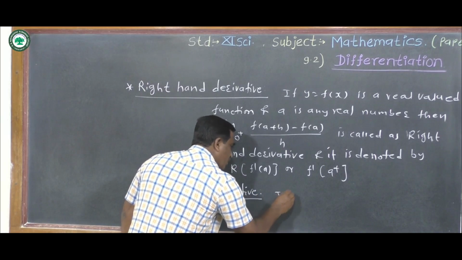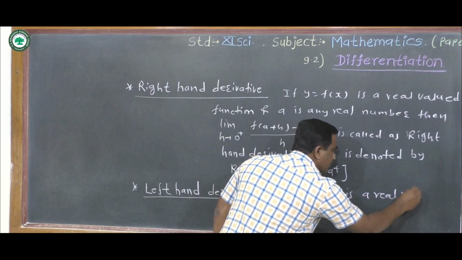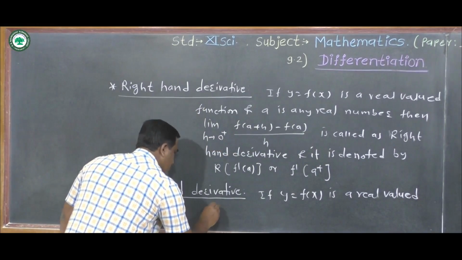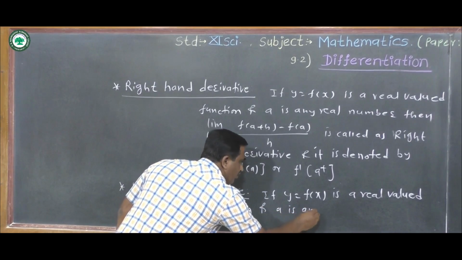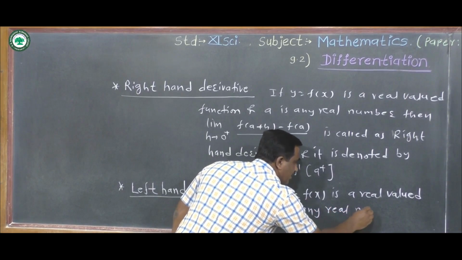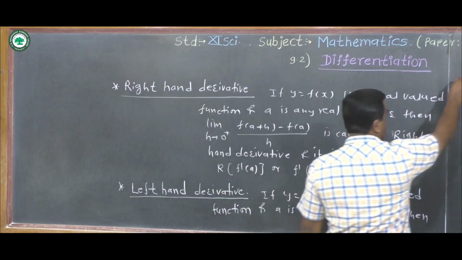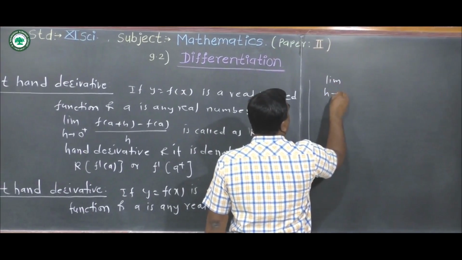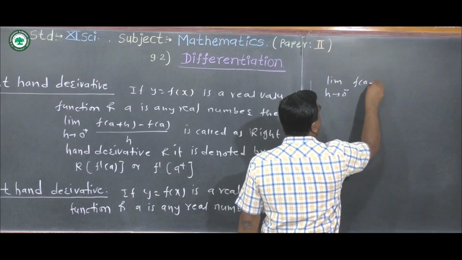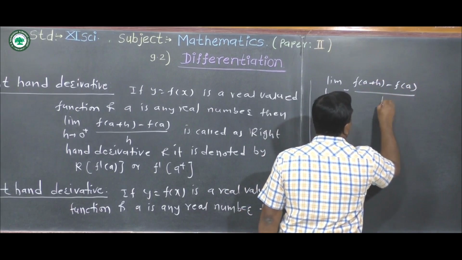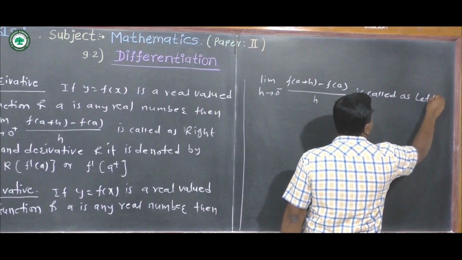Again here, if y equal to f of x is a real valued function, and a is any real number, then limit h tends to 0 minus, that is h tends to 0 from left, f of a plus h minus f of a upon h is called the left hand derivative.